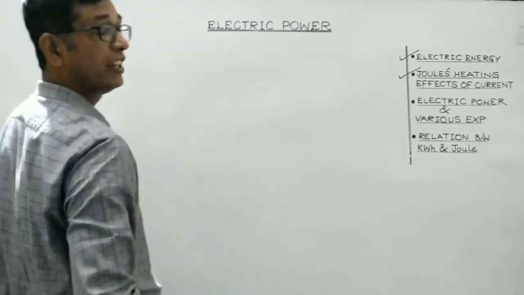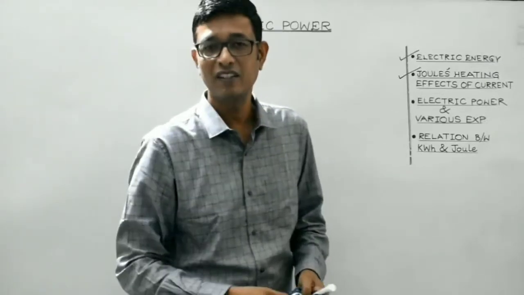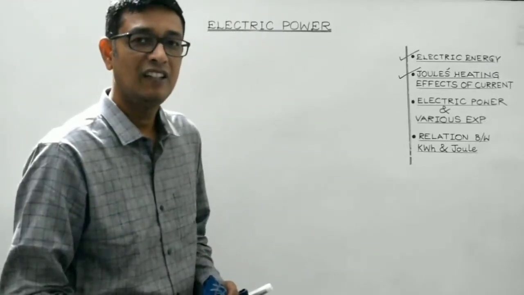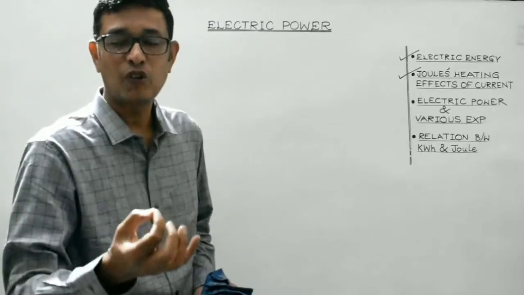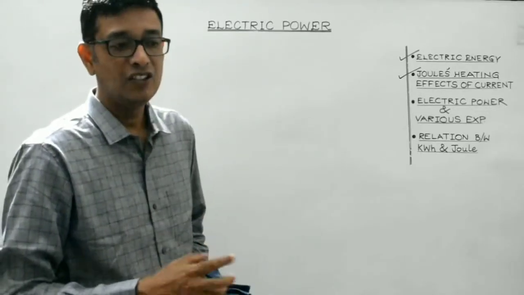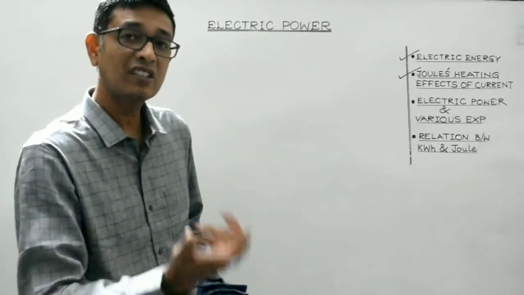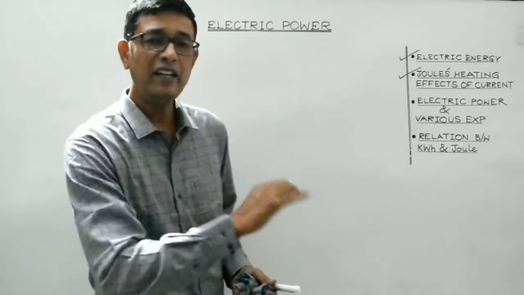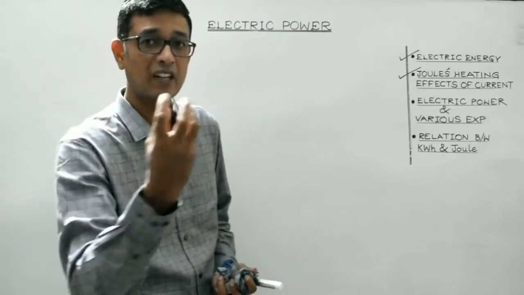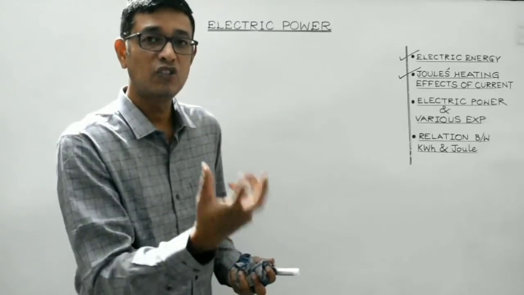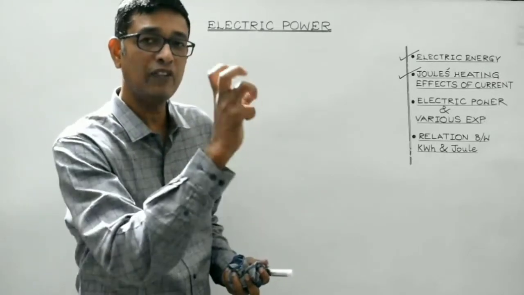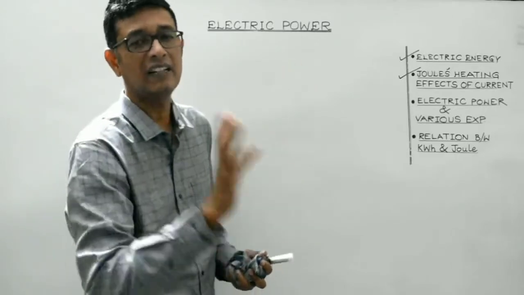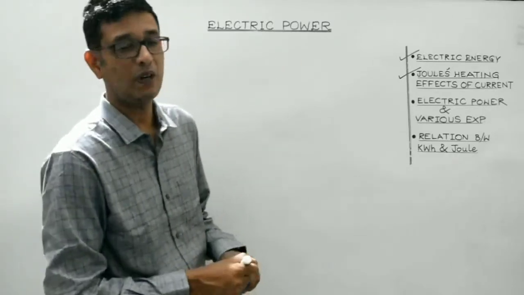Power is actually the rate of doing work. Nothing new in it, the rate at which work is done. Here, the electric power of a circuit is defined as the rate at which electrical energy is consumed, isn't it? So, any device will have some electric power, which is defined as the rate of consumption of electrical energy by that device. That is known as power.